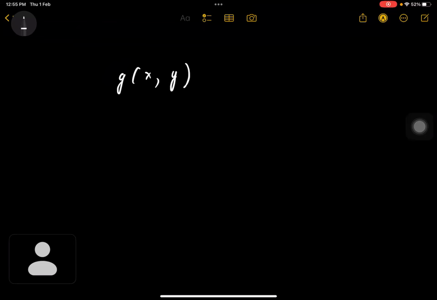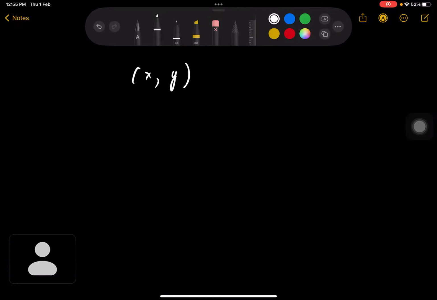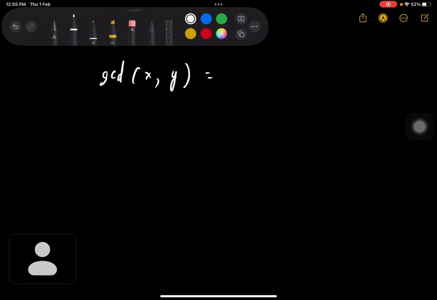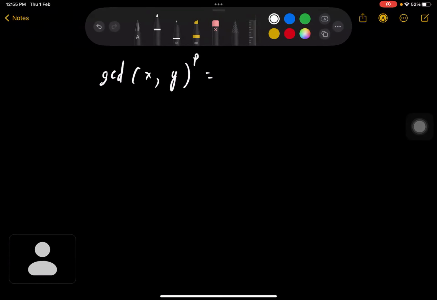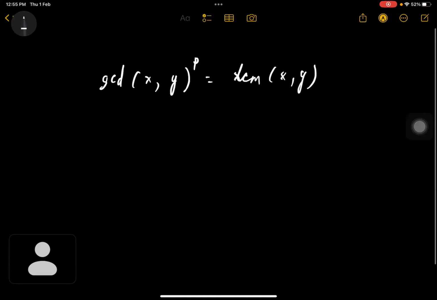GCD of (x, y) to the power of p should be equal to LCM of (x, y). This is what is given in the question, and p is given as a query. So x is always fixed, and the queries have varying p.